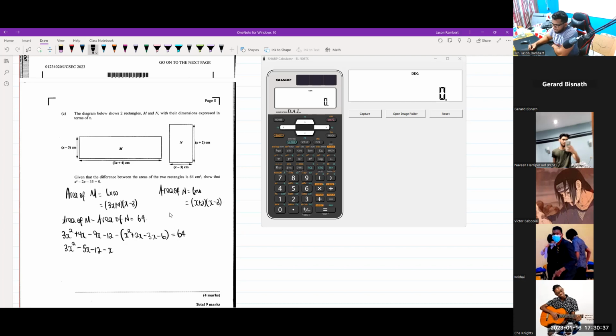Take away x squared. 2 take away 3 is minus 1. Minus 1 is plus 1, and plus 6 minus 64 is equal to 0.